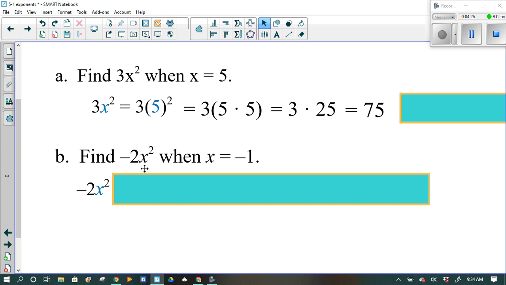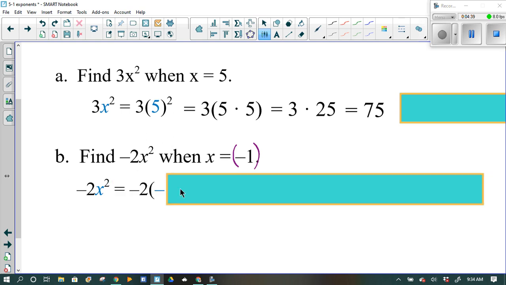What about -2x squared if x is -1? And always make sure that when you have these negatives, that you put them in parentheses. So now I'm going to replace x with -1. So now I have -2 times (-1) squared.